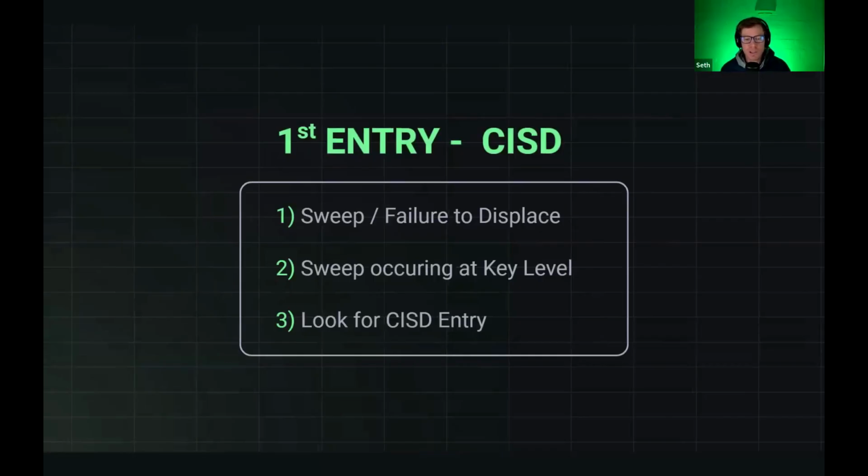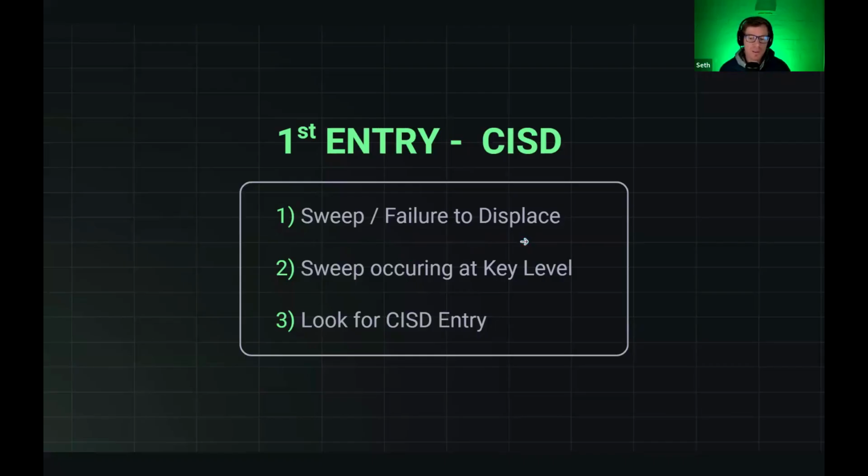So let's go into some more details about these entries. The first entry is going to be the CISD entry. And these are the keys that we can look for. Number one, we want to see a sweep and a failure to displace happening, because this is our reversal signature. And then we want to see a sweep occurring at a key level.